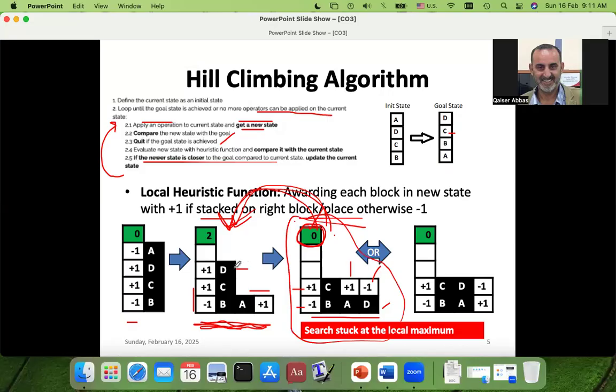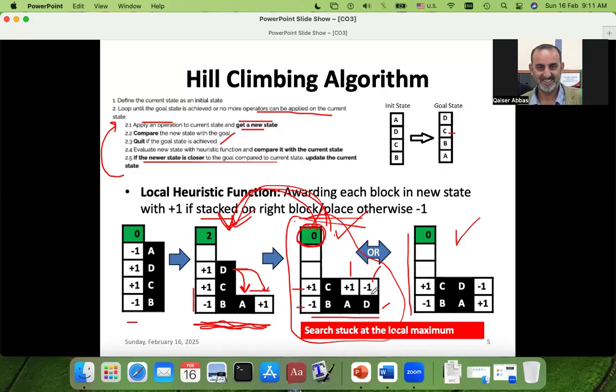You can move the D down, or you can move the D here, on the A block. This is another possibility. So that's why we are considering that state here, nothing else. Otherwise, our algorithm stops here.